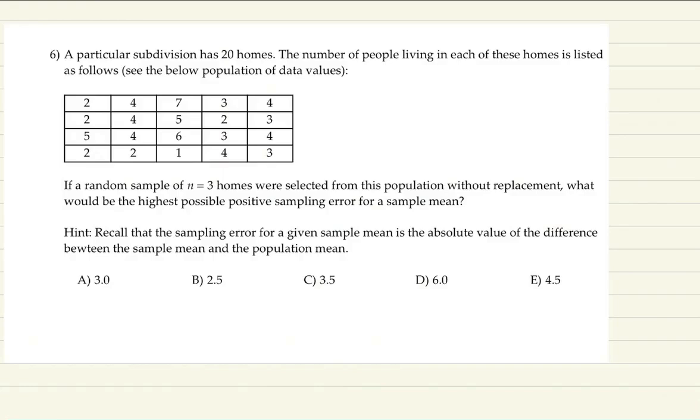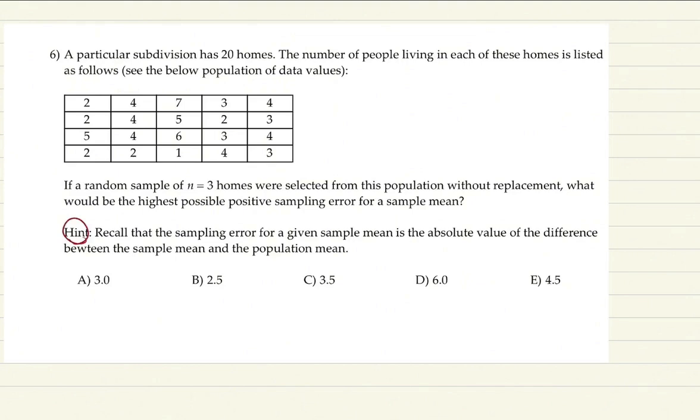Let's move on. A particular subdivision has 20 homes. The number of people living in each of these homes is listed as follows. If a random sample of n equal to 3 homes were selected from this population without replacement, what would be the highest possible positive sampling error for the sample mean? We got a hint.